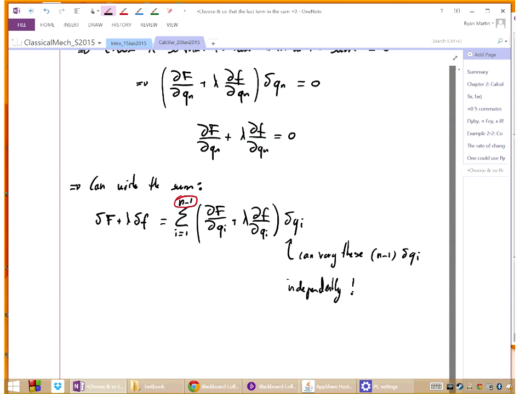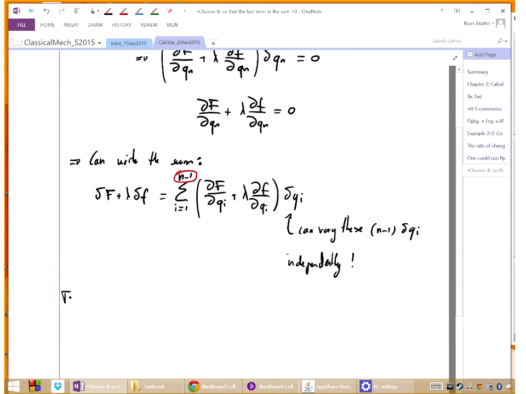Now we can do what we did before. So now every term must be identically 0. We can say that since the sum must be 0, and we can vary the delta qi's independently, that means that for all i up to n minus 1 only, the term in parentheses is equal to 0.